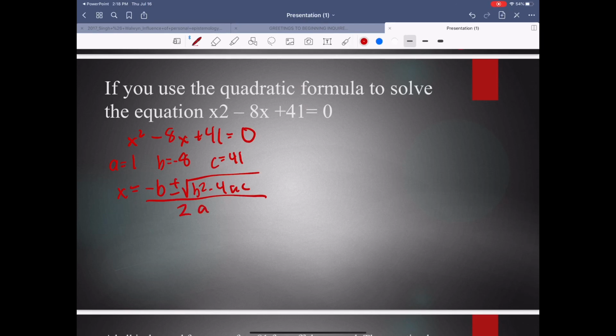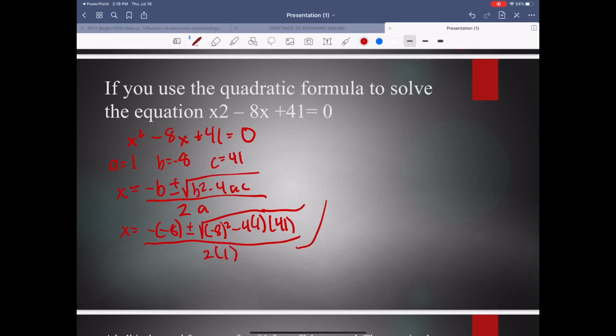Now substitute everything. X equals -8 plus or minus the square root of -8 squared minus 4 times 1 times 41. All this divided by 2 times 1. I'm going to start my work over here.